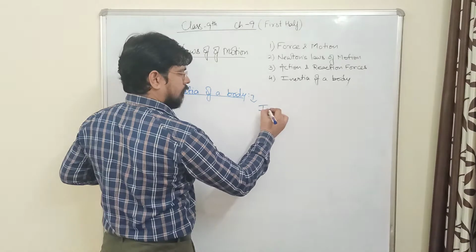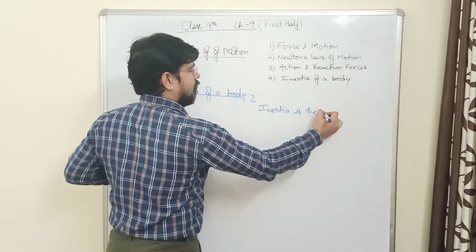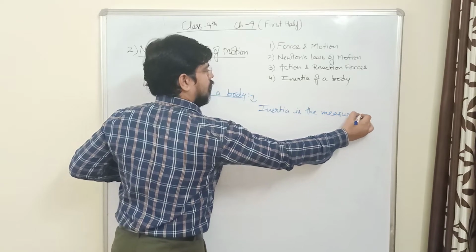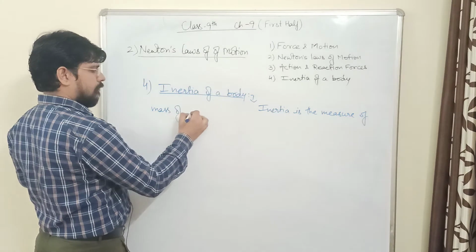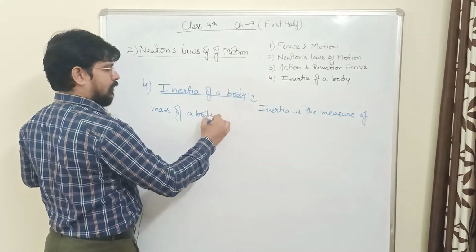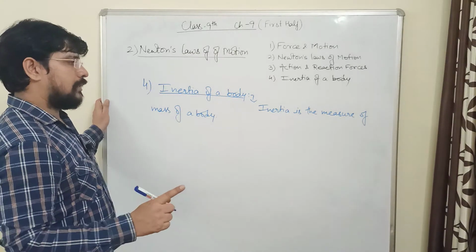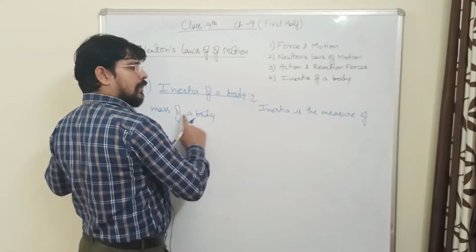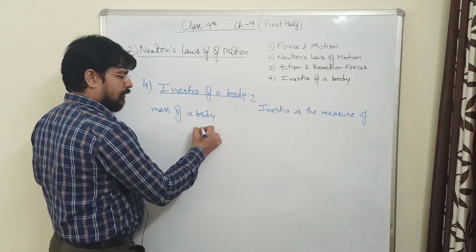Inertia is the measure of mass of a body. Inertia is not mass. At the same time, it is very important to understand that inertia is not the mass. Inertia depends on the mass, but inertia is not mass.